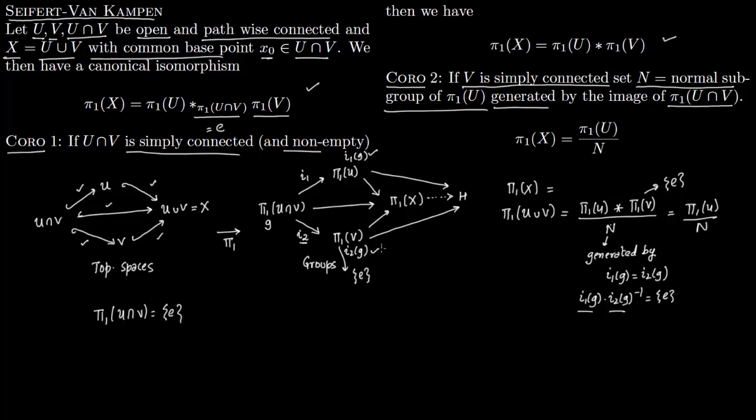This I2g is getting mapped to identity. So obviously if I2g is getting mapped to identity, the only elements remaining are I1g. So this normal subgroup is completely generated by the image of the elements in the intersection, pi1 of U intersection V, that is, by I1 of g.